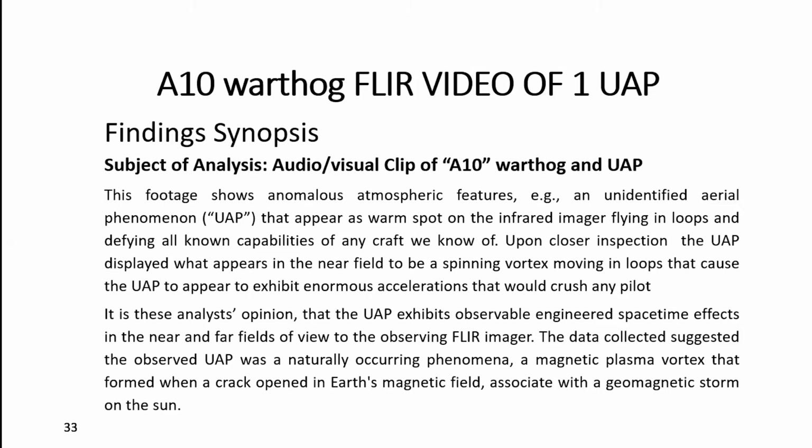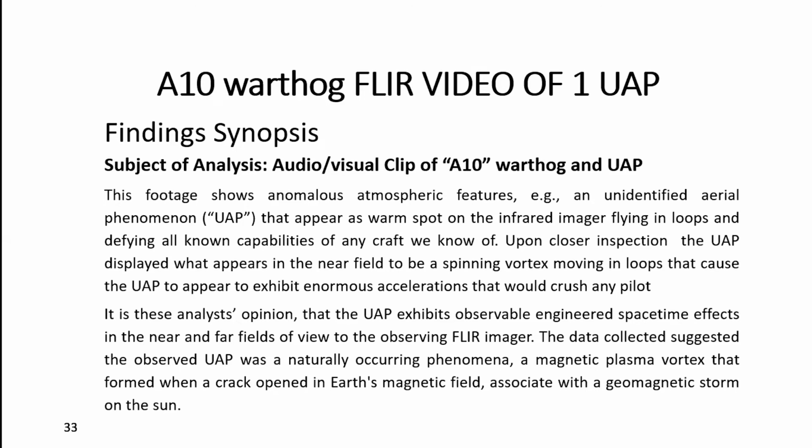Okay, so the footage shows anomalous atmospheric features, e.g. an unidentified aerial phenomena, UAP, that appears as a warm spot on infrared imager flying in loops and defying all known capabilities of any craft we know of. Upon closer inspection, the UAPs display what appears in the near field to be a spinning vortex moving in loops. That causes the UAP to appear to exhibit enormous accelerations that would crush any pilot.